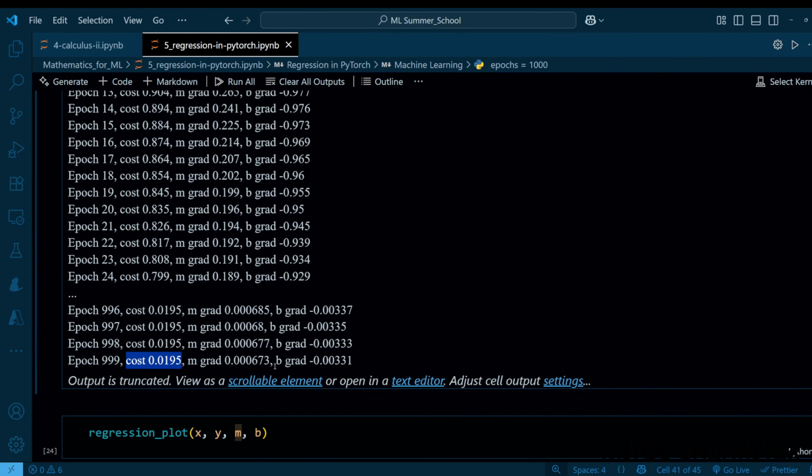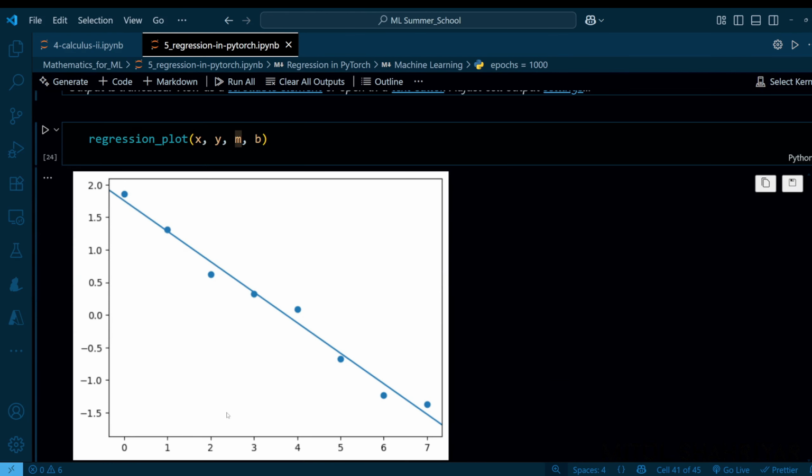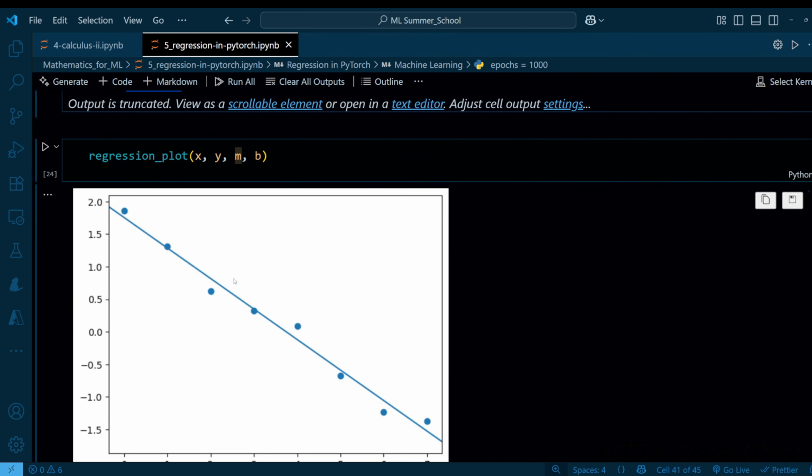So what we can say is that now we have the perfect m and almost the perfect b value. These are different values obviously, but the values we have right now are almost perfect. You can look into that here. You can see the values we have for m and b. Using that, if you plot, you can see this is almost a perfect line.